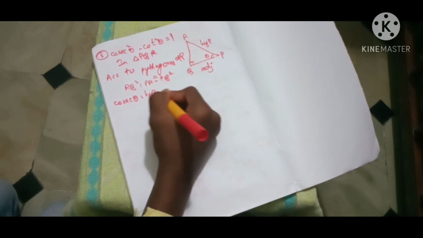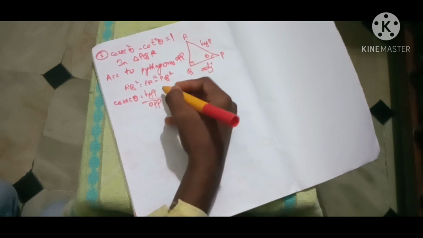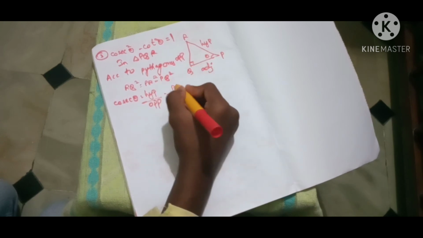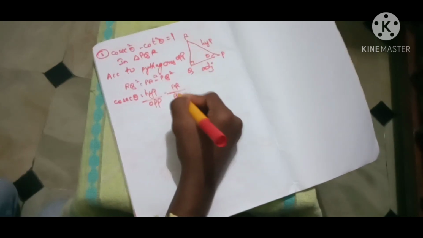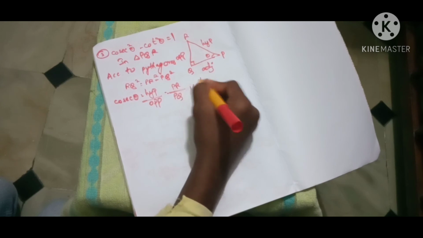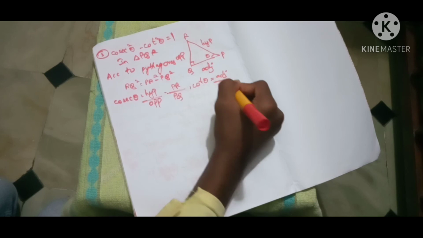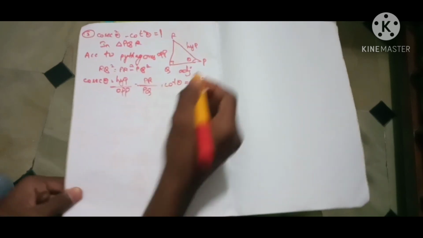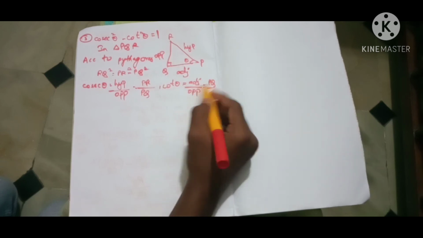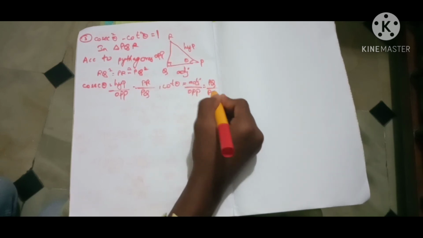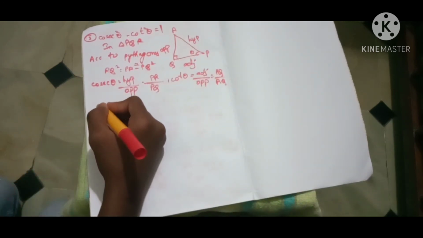Cosec theta formula is hypotenuse by opposite. What is the hypotenuse? PR. What is the opposite? RQ. And the cot theta formula is adjacent by opposite. Adjacent is PQ and the opposite is RQ. Then we do it like the second identity.